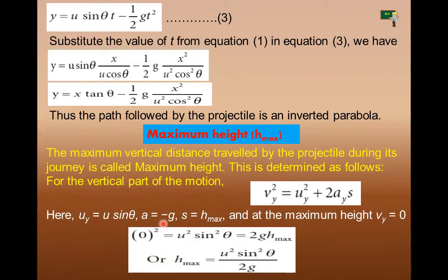So we take this to the right hand side, which gives 2 g h max, or h max equals u square sin square theta divided by 2g. This is the maximum height we received while the ball traveled the vertical distance during the projectile motion.